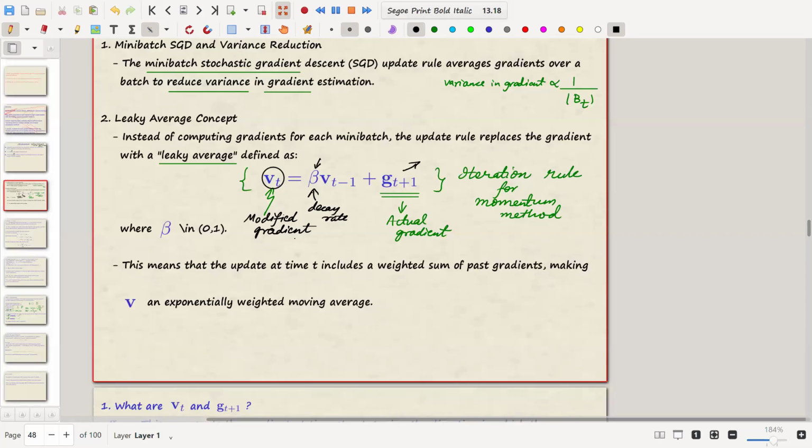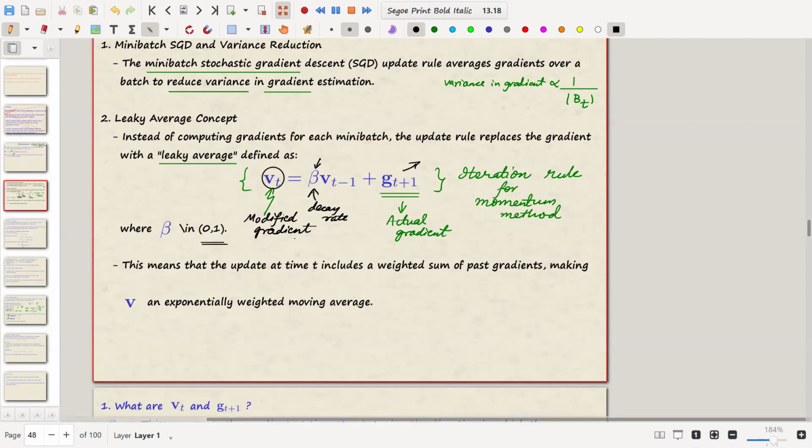The larger the beta value you choose, the more importance you are giving to the past gradient. We will see why beta alone is important. A very, very nice formulation follows from this. And beta belongs to 0, 1.